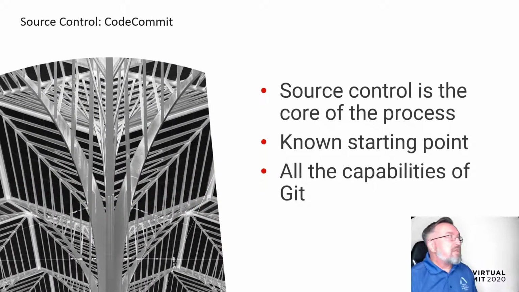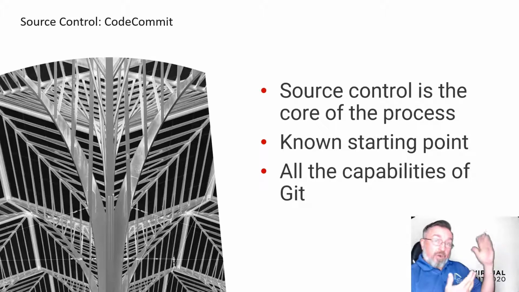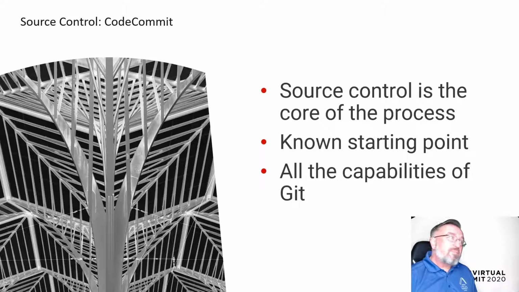Now, CodeCommit is your source control. This is where your code goes. It's a shared source control system because it's out on the cloud, but it is basically Git. It fundamentally is Git, and because it's Git, it means that you will have a source control system locally on your machine.